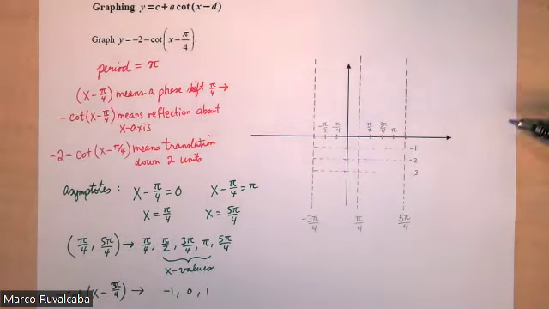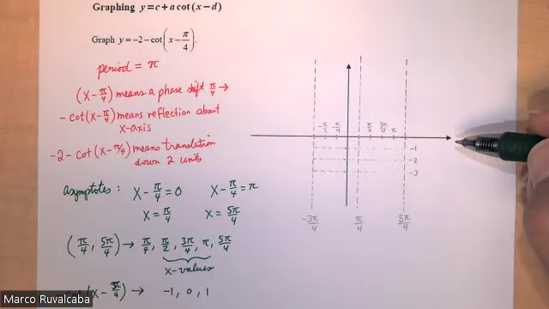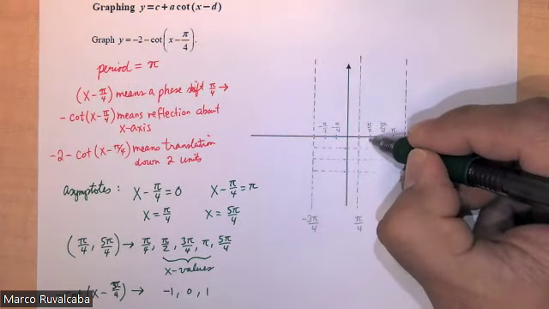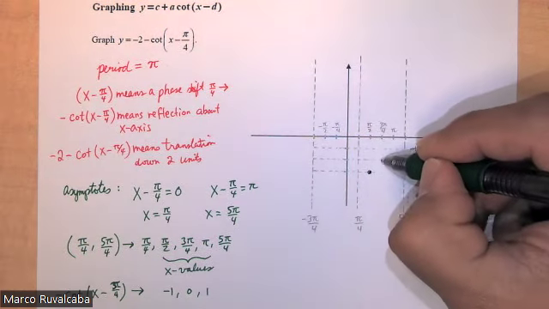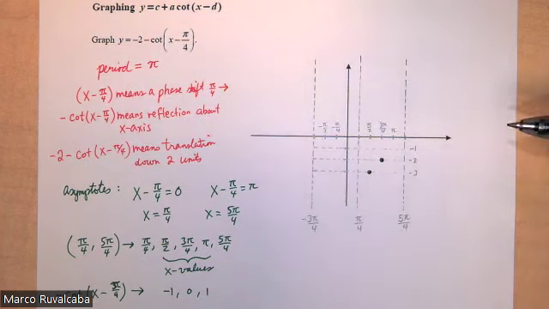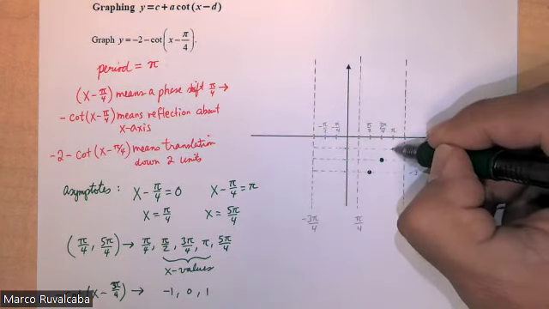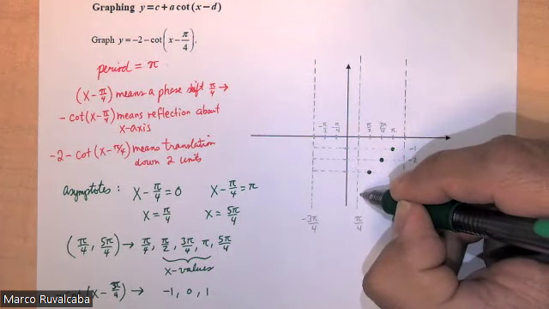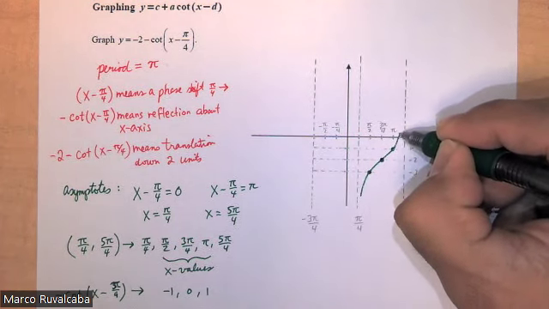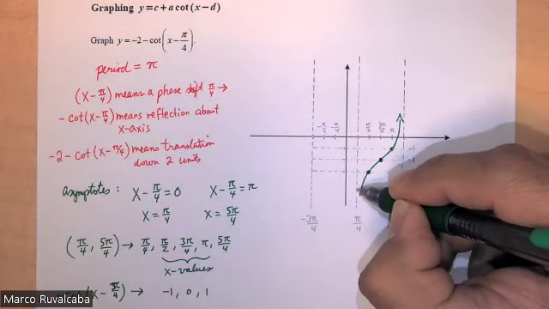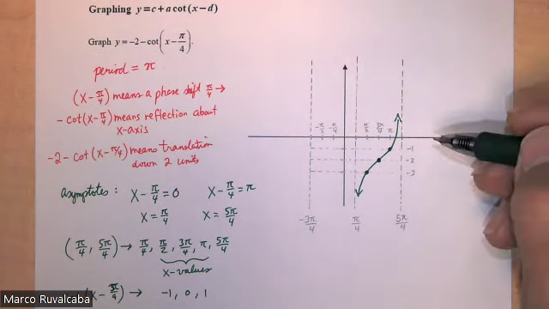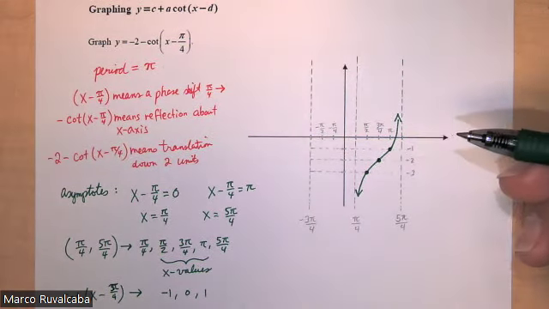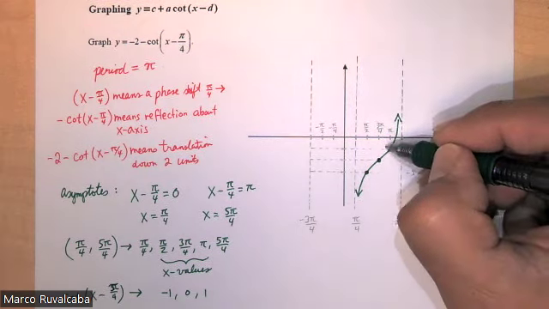All right, let me plot them here. So pi halves, -3, that would be right here. And then 3 pi over 4, -2. And then finally pi, -1. So if I look here, here's the graph. And I went ahead and drew another cycle of that. And you can just translate the points this way.